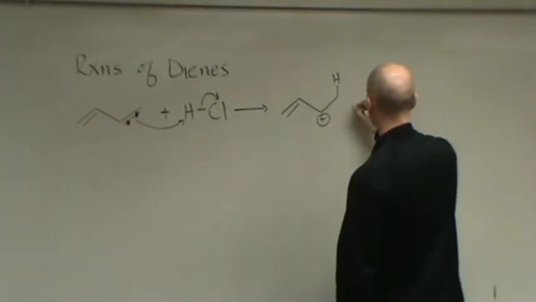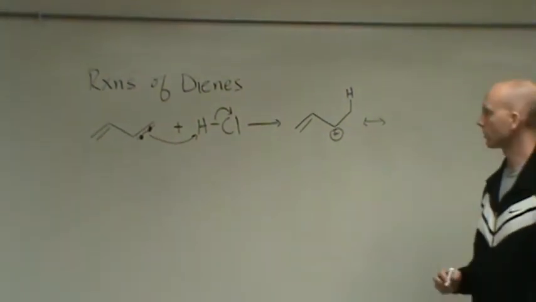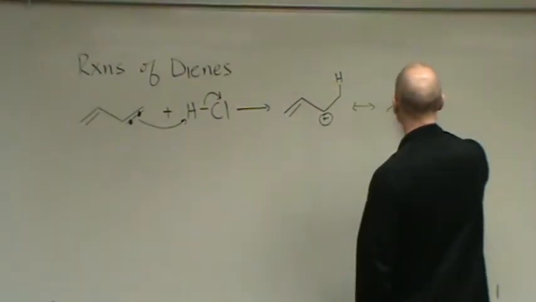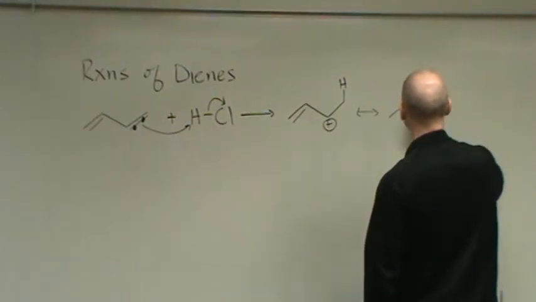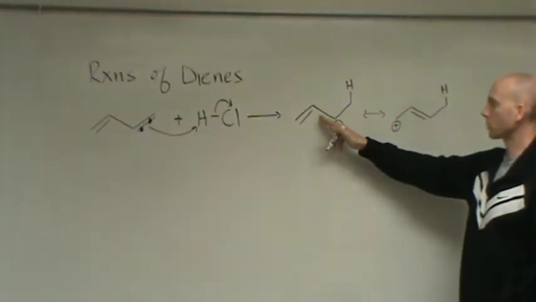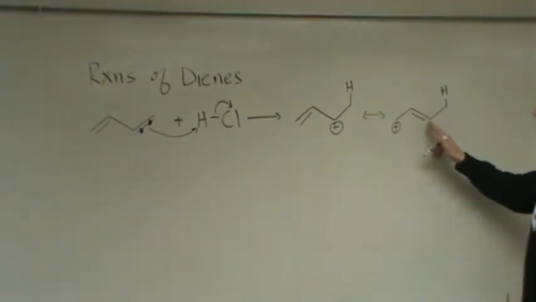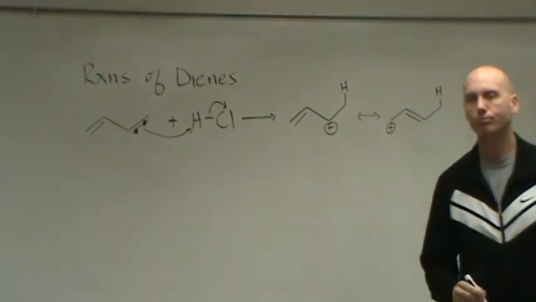So here, what we can draw is a resonance structure, where the pi electrons move over and the positive charge trades to that outside carbon.